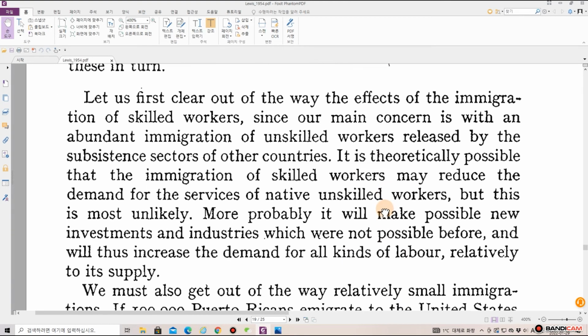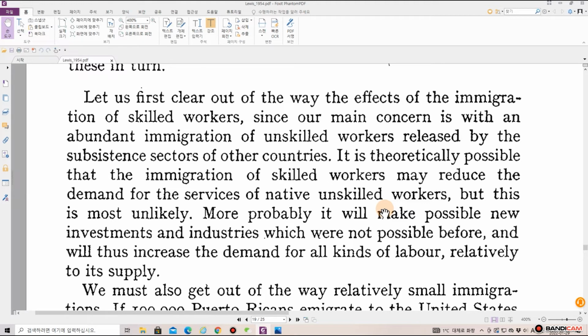Let us first clear out of the way the effects of the immigration of skilled workers, since our main concern is with an abundant immigration of unskilled workers released by the subsistence sectors of other countries.